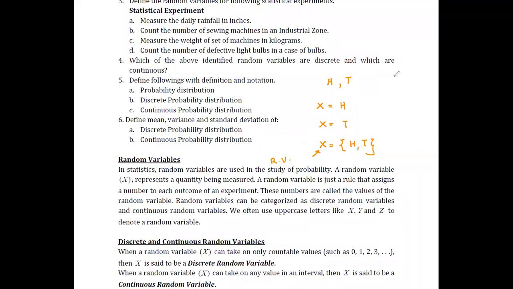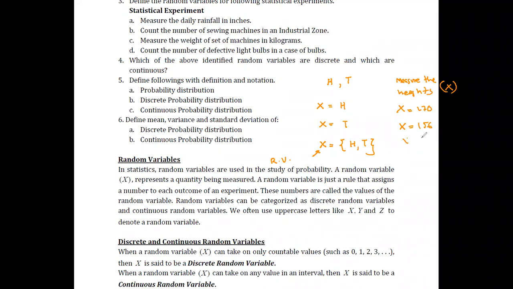If I take another example, if you are measuring the heights of the students, then for the first student, if this is named X, and it is in centimeters, then X will be 170. Then for the next student, we can have it as 156.